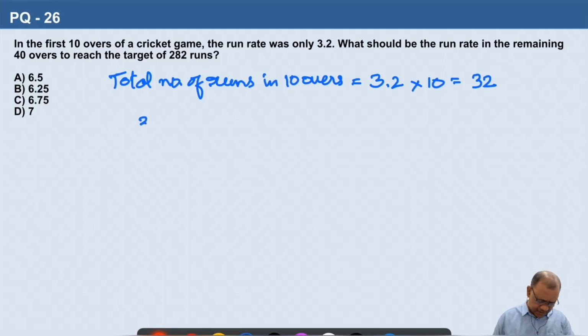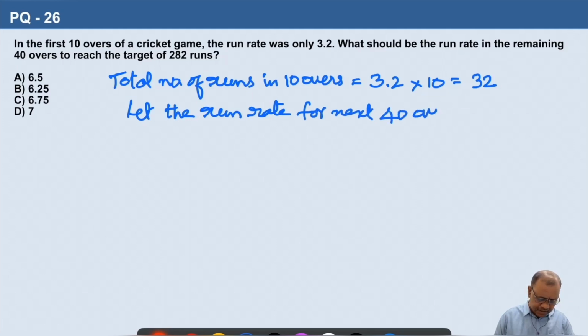So, let the average run rate for the next 40 overs be x. So, what will be the total number of runs? 32 in the first 10 overs and 40x in the next 40 overs.